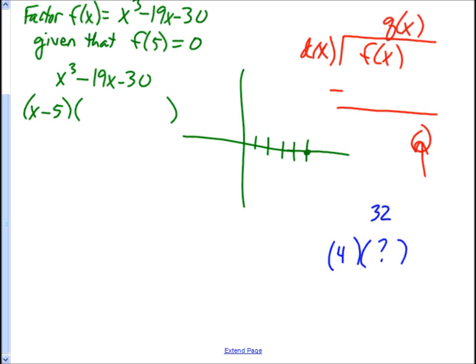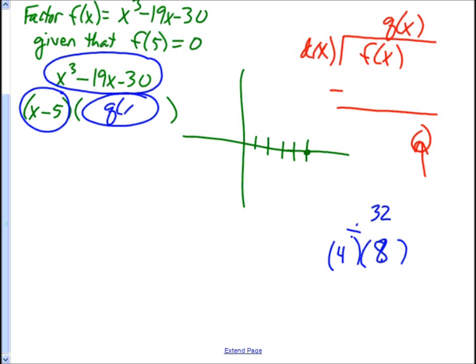If you didn't know 4 times 8 was 32, you could say, 32 divided by 4 gives me 8. In other words, f of x divided by d of x should give me q of x. So this is my q of x, and I'm trying to figure that out.